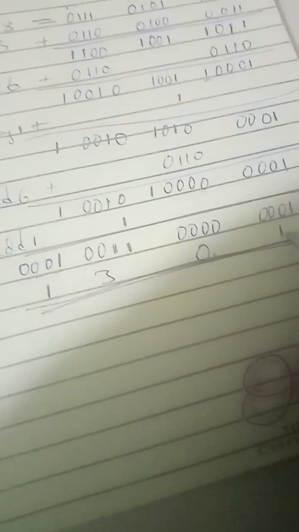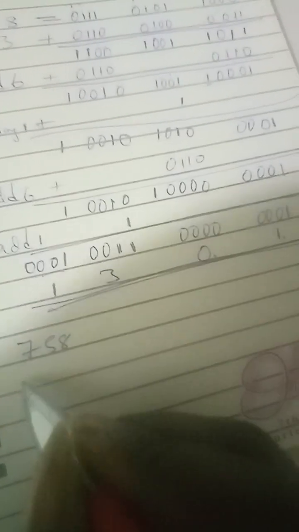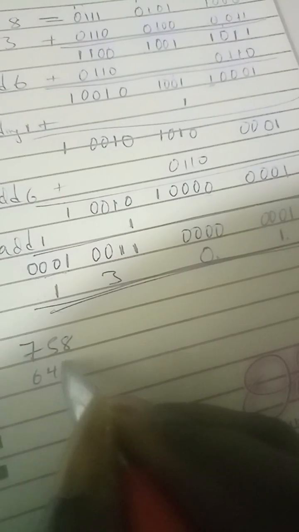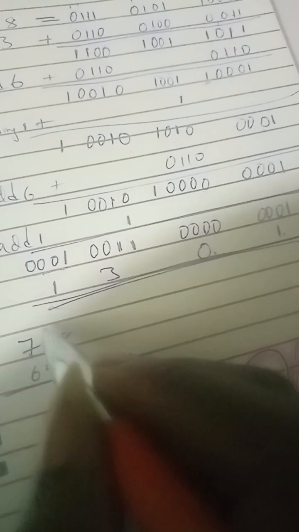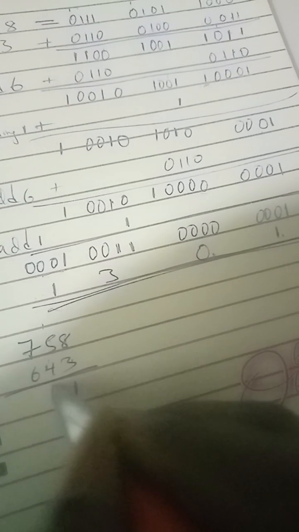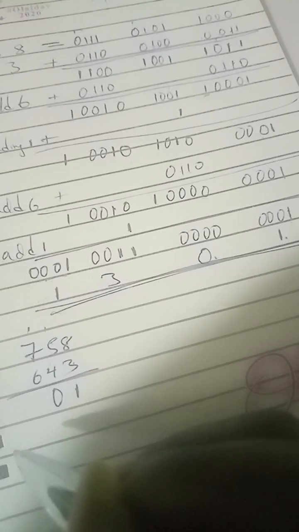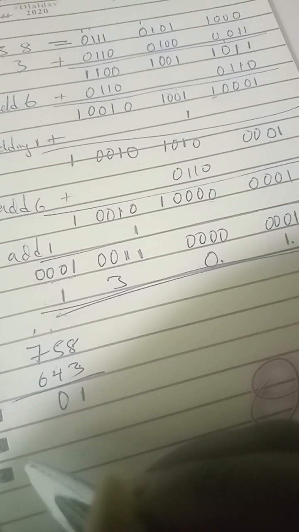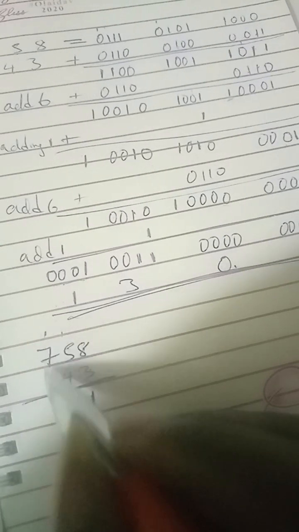So we have 1304. So if you do it the normal way also, 643. This one will give us 11. This one is 10. That is 0. Remember one. This is 13, 14.